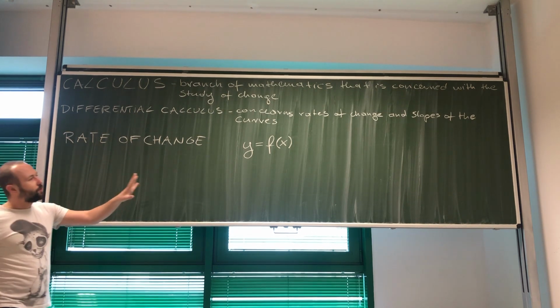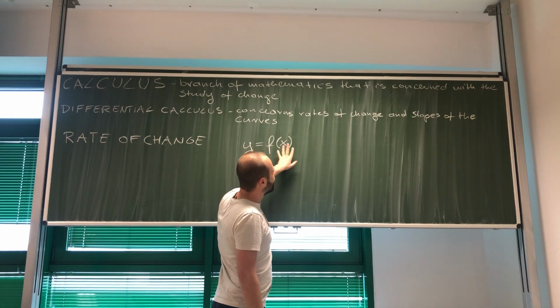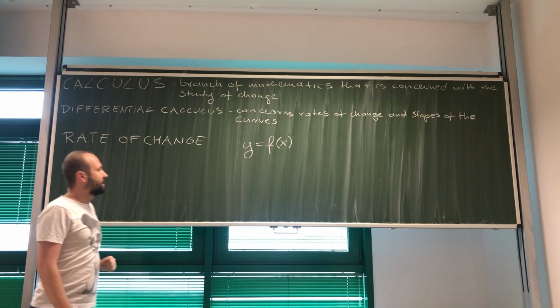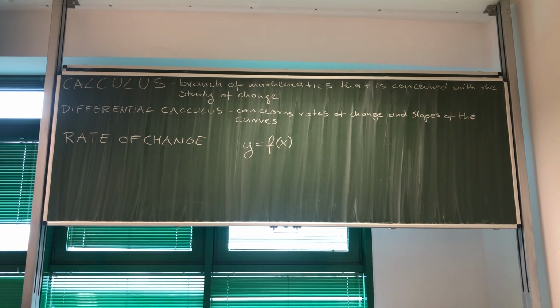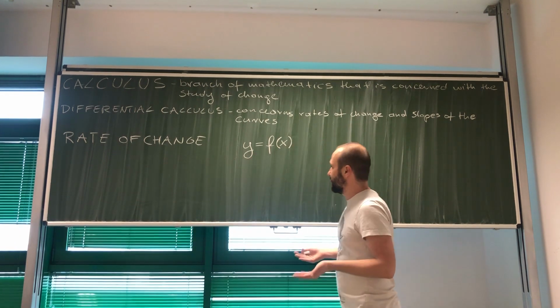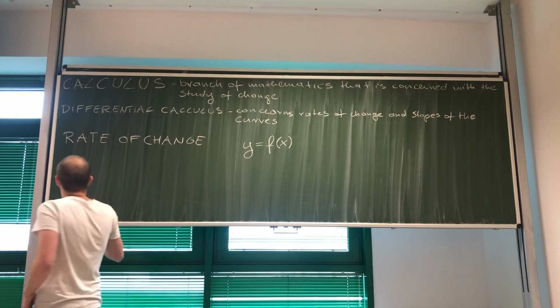And we will be trying to relate how changes in x are affecting changes in y. And of course, if we're going to talk about change, we should start with delta.